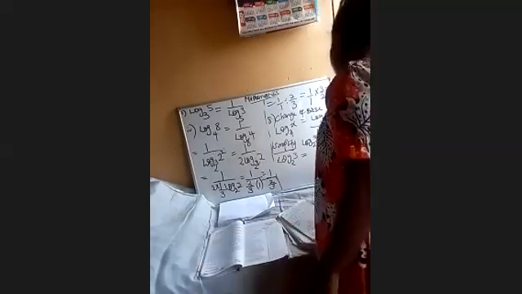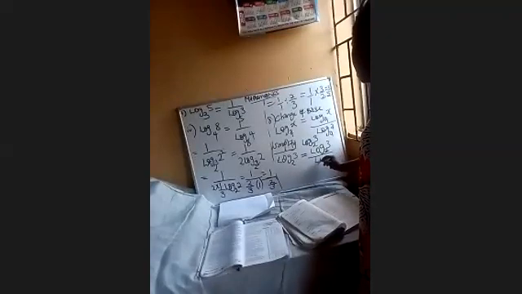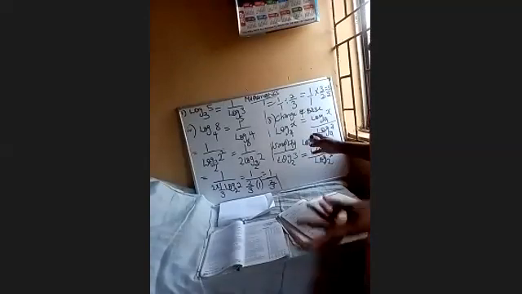Okay, so we transform this to common logarithm. So we have this as logarithm of 3 to the base of 2 over logarithm of 2 to the base of 2. Now, logarithm of 2 to the base of 2 is the same thing as 1.